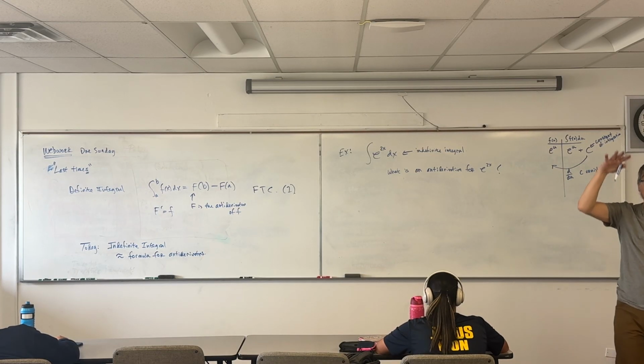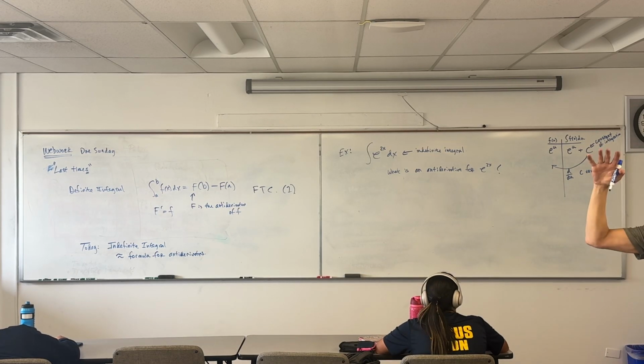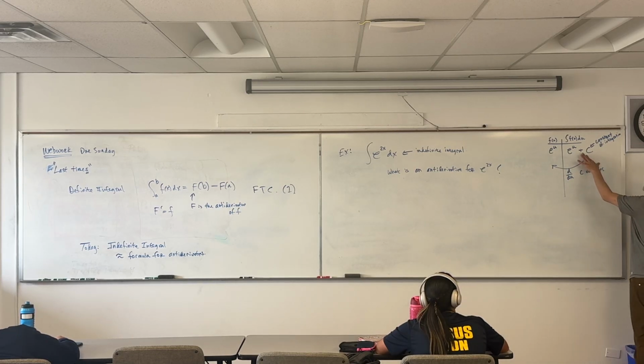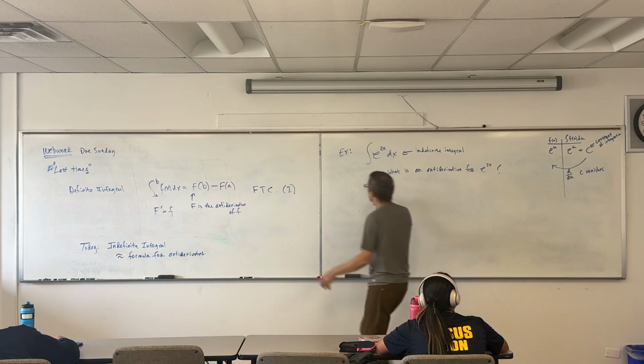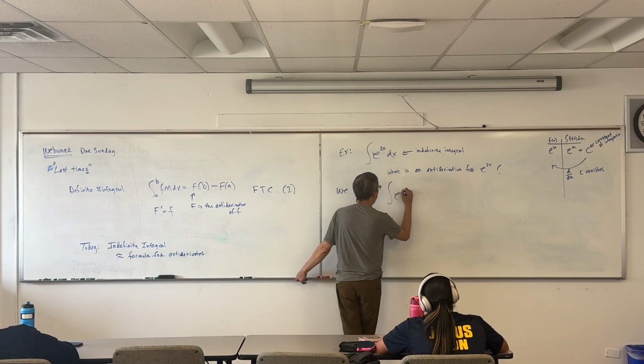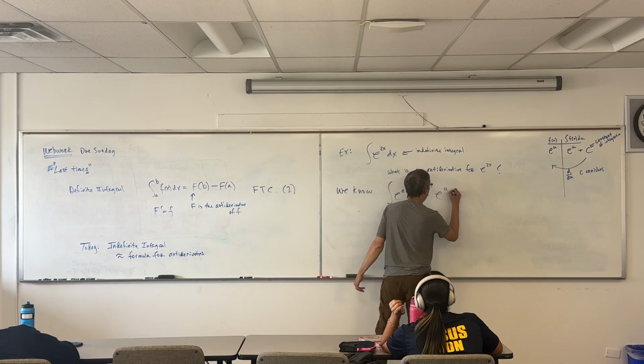So there's infinitely many possible functions that could be the antiderivative. And we just denote that by putting this plus c. We'll solve for it sometimes, but in general, just kind of get in the habit of plunking that guy down. Okay, so look, I know how to do this. So I know, or we know, that this is this.